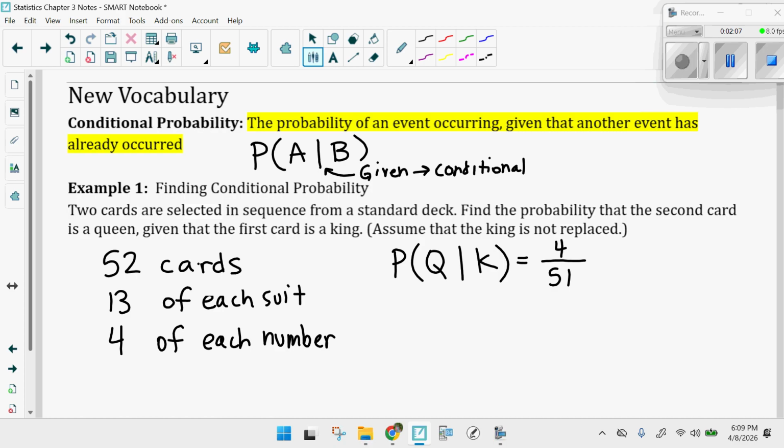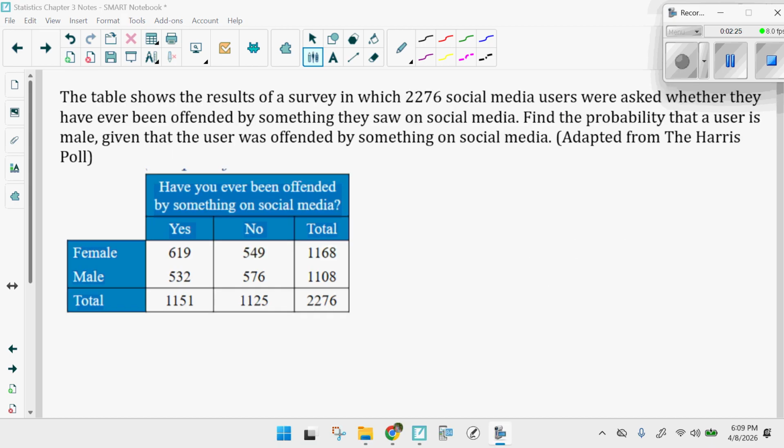So we have 4 favorable outcomes, which equates to a probability of about 0.078. And so that would be an example of finding a conditional probability. So we're assuming that some other event has occurred, and we are going to find the probability after that event occurred.